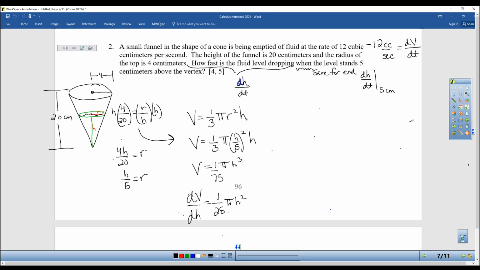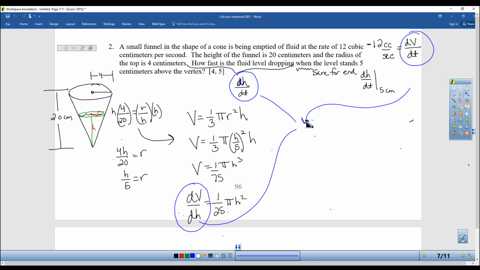Now that you have found your main equation dealing with h, now is when you look for that chain rule. I know dV dH, I want dH dt, and I know dV dt. Can you form a chain rule that involves all three of these? Go ahead and try.